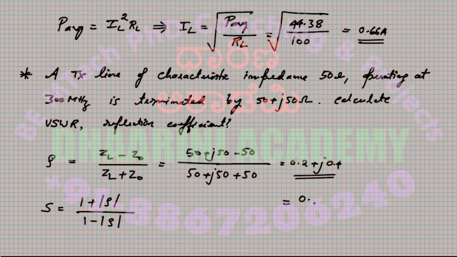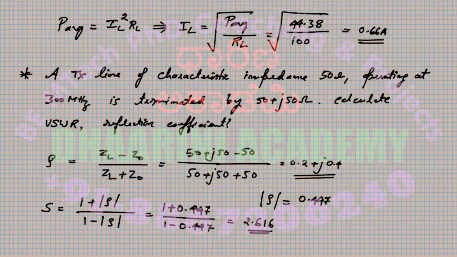The magnitude is 0.447, and I don't want the angle. So simply substitute: 1 plus 0.447 divided by 1 minus 0.447, and 2.616 is the required S value. Perfect. Let's move.